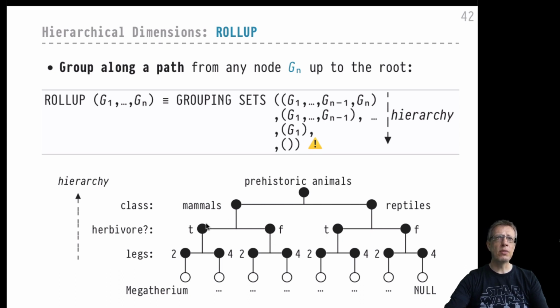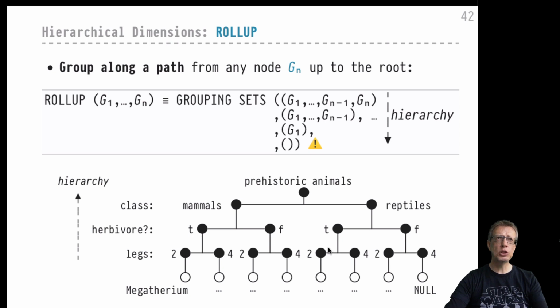So we would end up in this subtree of the hierarchy here. So these are all the prehistoric animals that are mammals and are herbivores. So this is this part of the hierarchy, or all species that are mammals and are carnivores. We would end up in this particular part of the hierarchy. And of course, on the reptile half, it's the same thing.